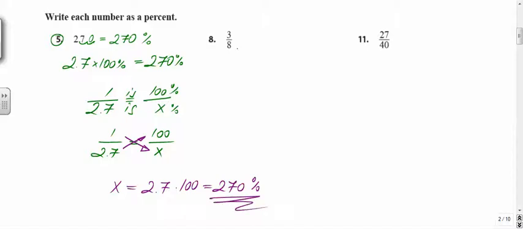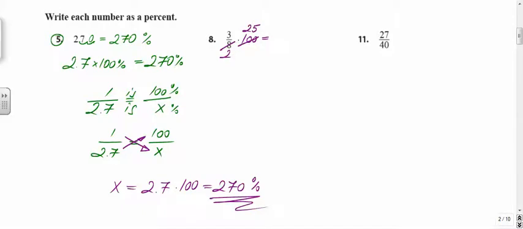Okay? How about this one? 3/8. There are many ways. You can follow the same way, multiplying everything by 100, right? This gives you what? Well, 8 and 100, you can simplify by 4, right? 4 goes in 8 2 times, 4 goes in 100, 25 times.